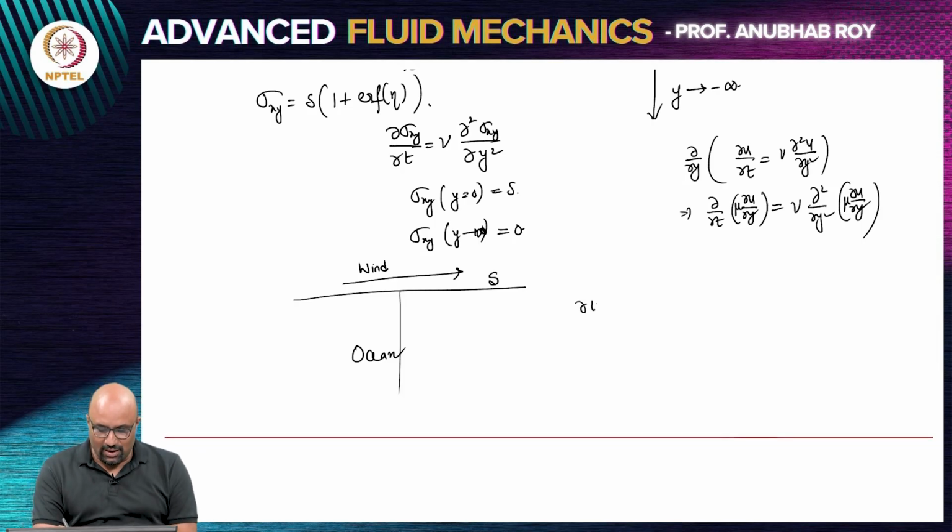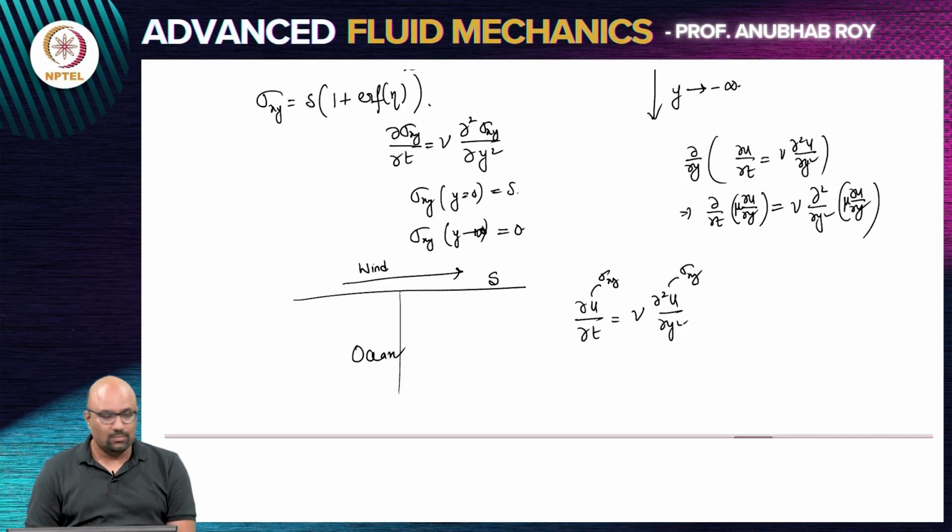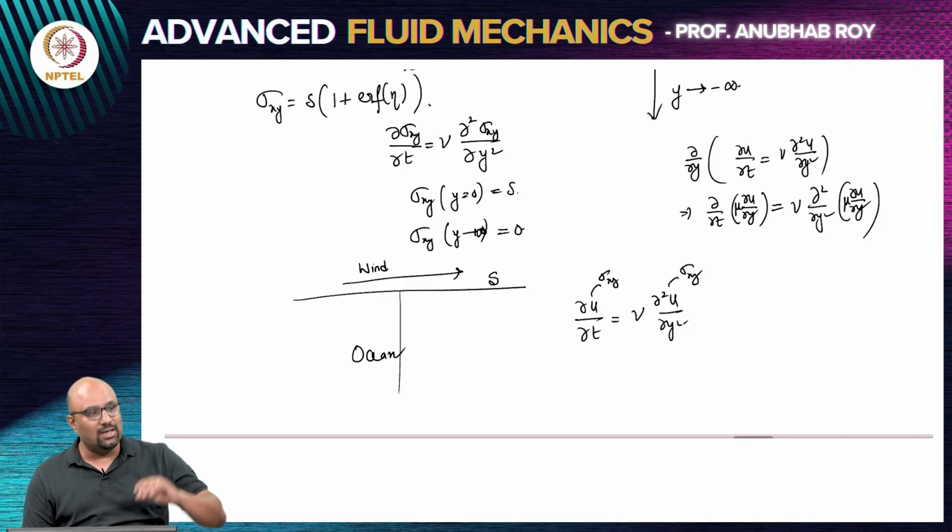So, we are solving a problem where ∂u/∂t is equal to ν ∂²u/∂y², which can be written also in terms of the shear stress. Now, even though the solution we obtain is consistent with all the boundary conditions, it is not something that you will actually see in the real ocean application.